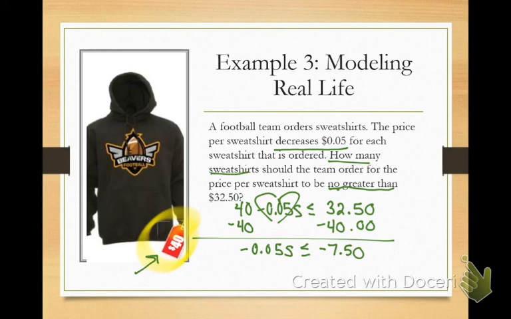Now, what do I do to both sides to solve for S? It's all going to make sense in just a second. Divide by negative 0.05 on both sides. Okay, so some quick long division. 7.5 divided by 0.05. All right, go ahead and do that division.